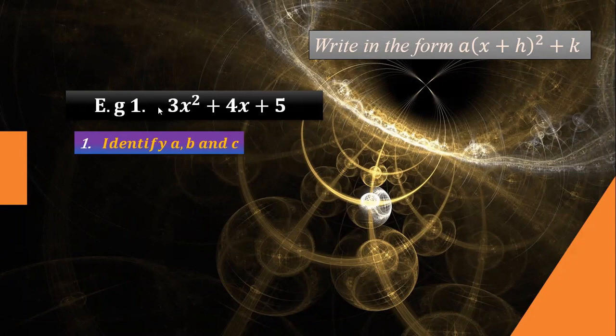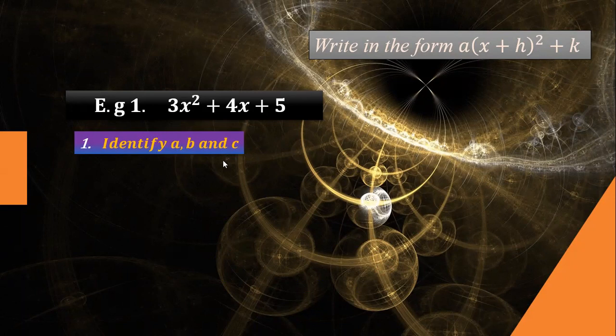Now, if this was -3, be sure to write a as negative 3. It's simply a is going to be 3, b is going to be 4, and c is going to be 5. a is the number to the left-hand side of the x², not the x² itself. a is a number, not a variable. Very important. b is the number to the left-hand side of the x term, and c is the number possessing neither an x nor an x² term.